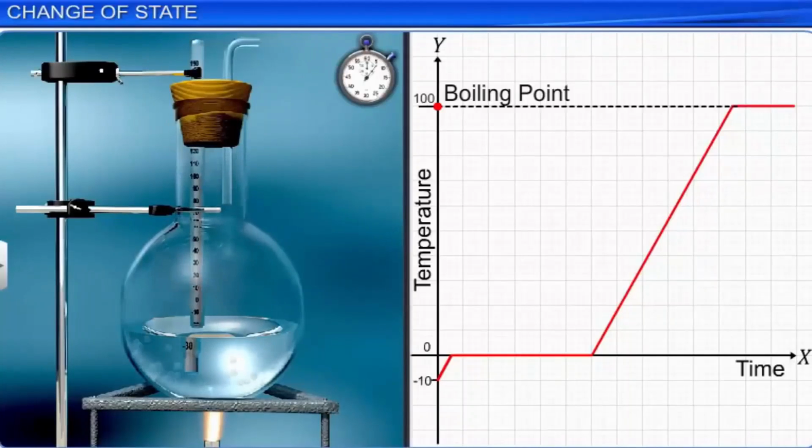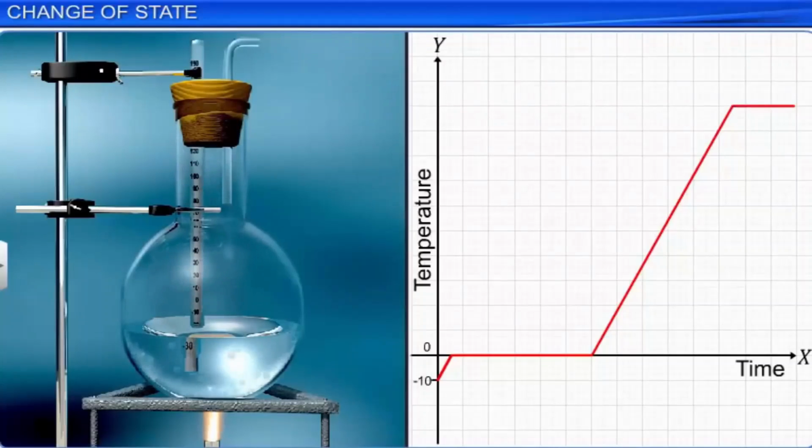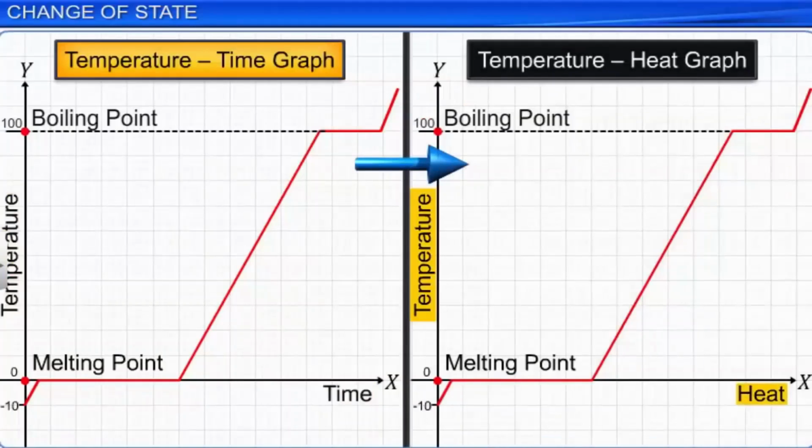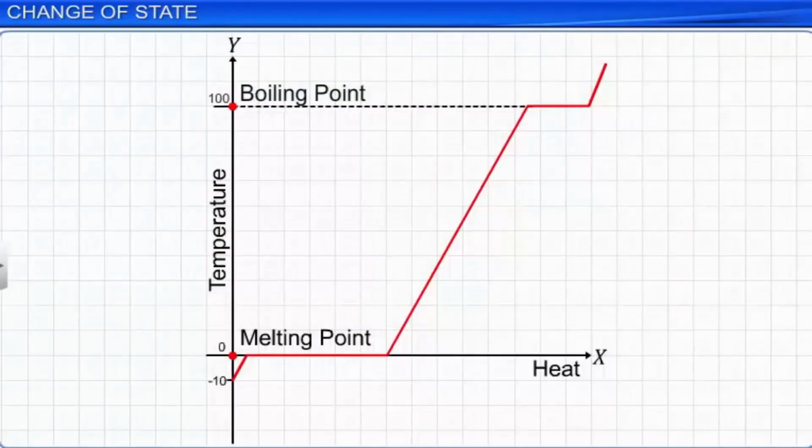If the rate of heat supplied by the source is known, a temperature time graph can be converted into a temperature heat graph, which is usually called a heating curve. Some parts of the curve are parallel to the x-axis, and some of them are inclined.